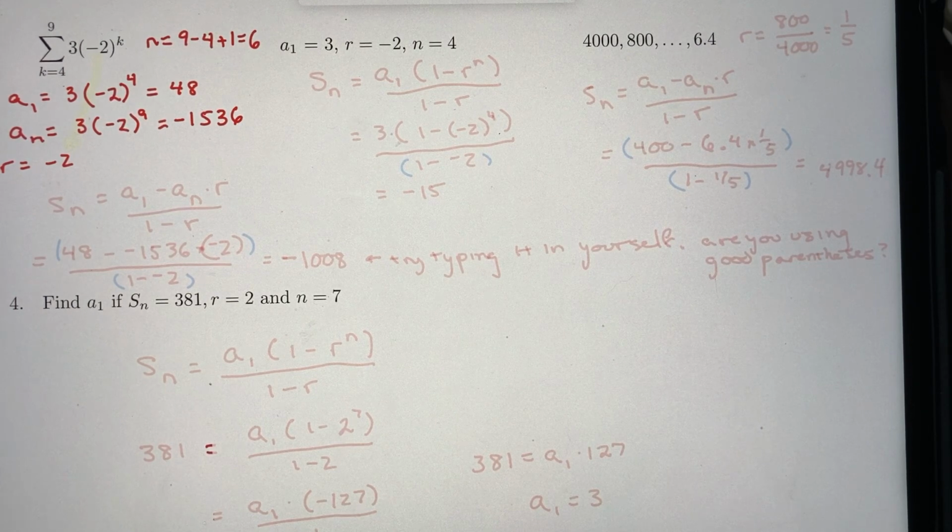So let me just highlight that. If you have it in sum form, it's a times r to the k. All right, so Sn is a1 minus an times r over 1 minus r. That's maybe the slightly easier one to do with parentheses.